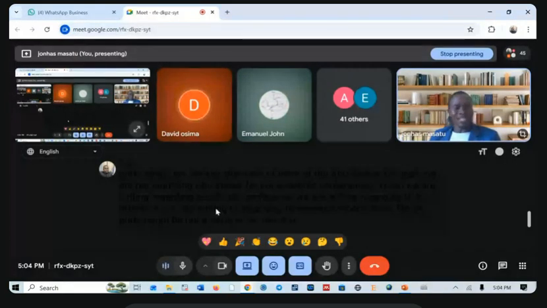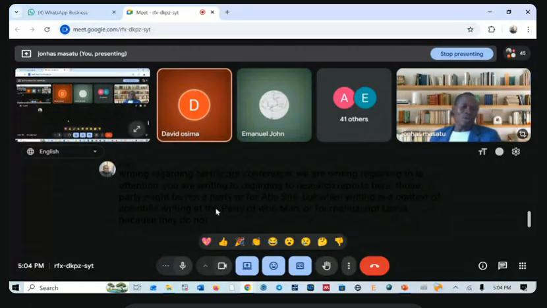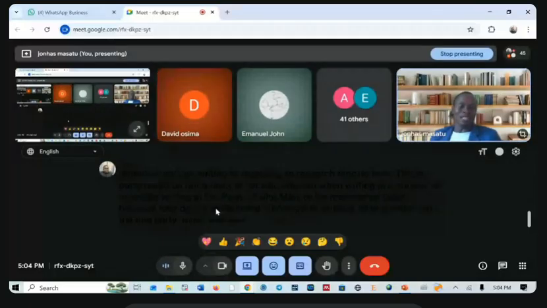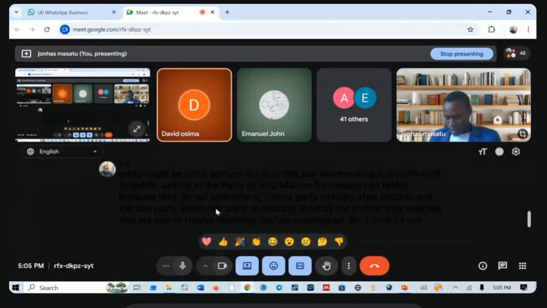But in the context of scientific publication, they are part of the manuscript abstract, because the journal underscores those parts one after another. When one part is missing, the journal may reject your manuscript. So I think that is clear.